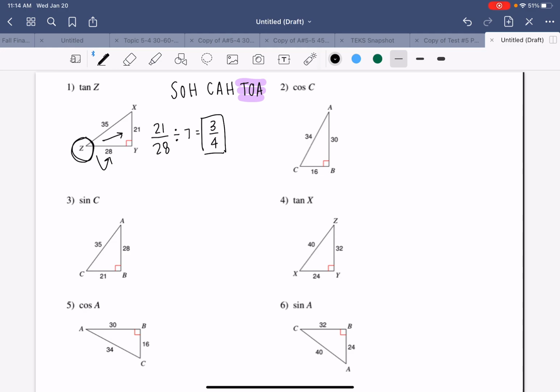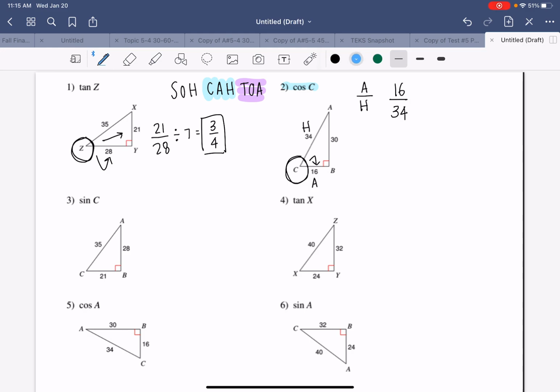All right. Number 2 says cosine of C. So remember, cosine is adjacent over hypotenuse. And the adjacent side to C is 16. And the hypotenuse is 34. So it ends up being 16 over 34.